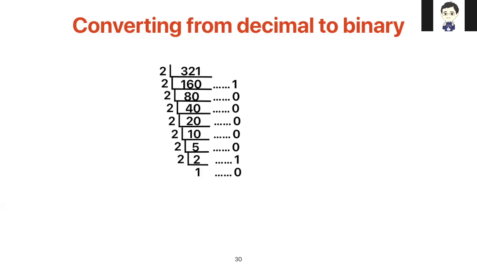So this is how you operate it. What's the binary representation of 321? It goes this way, from the bottom to the top: 0b101000001. That's the resulting binary number for your decimal number 321.